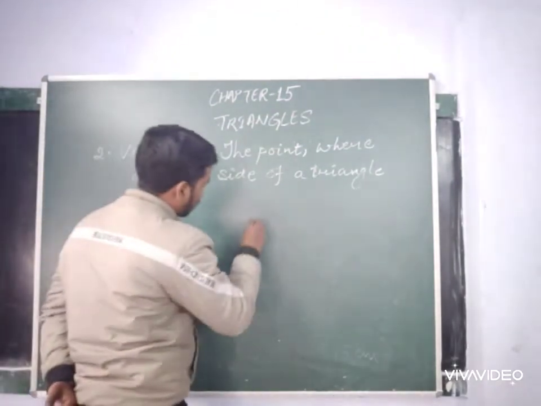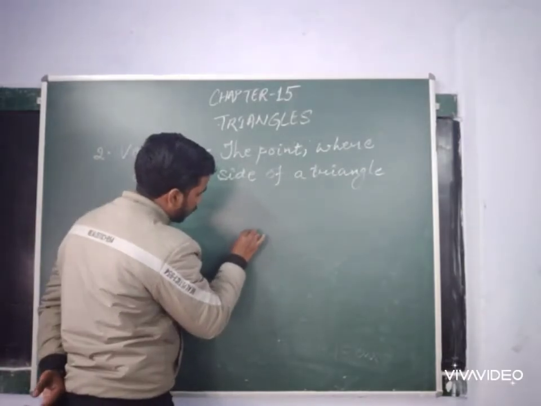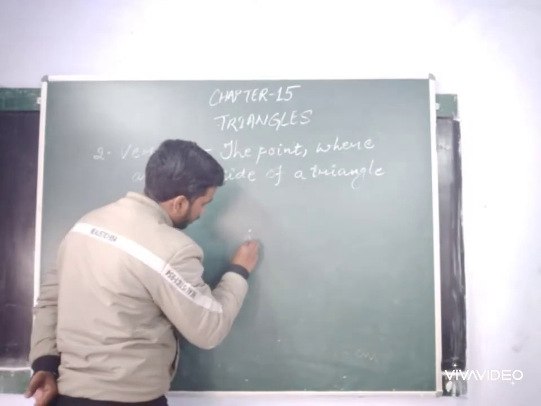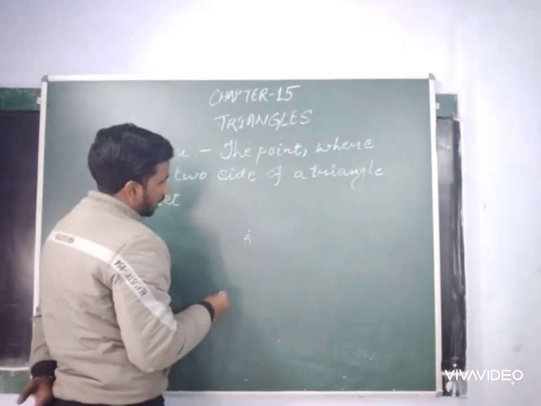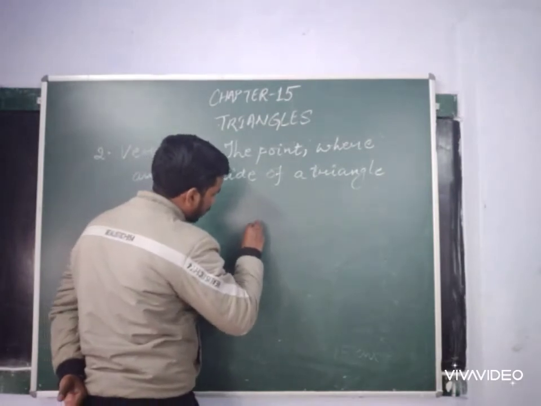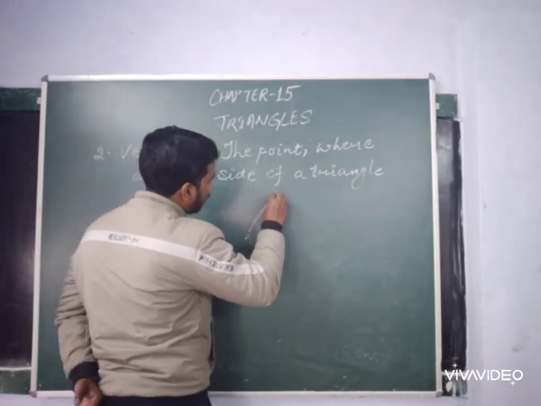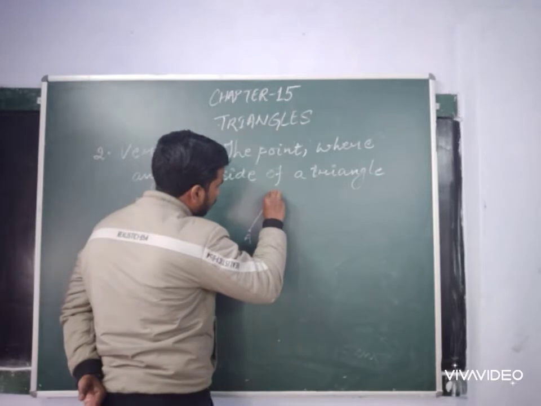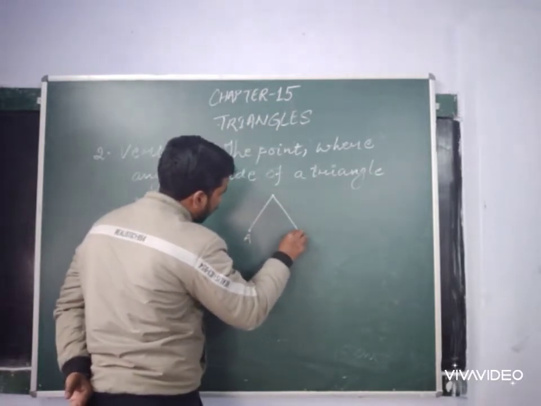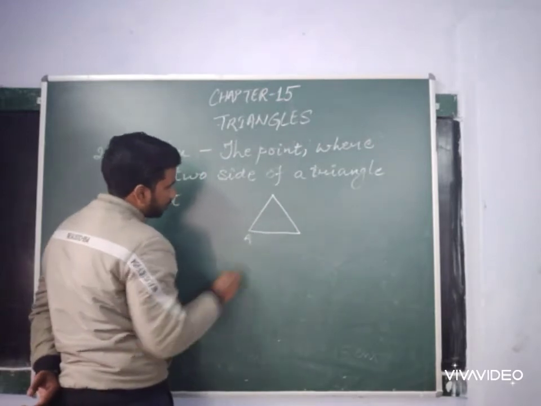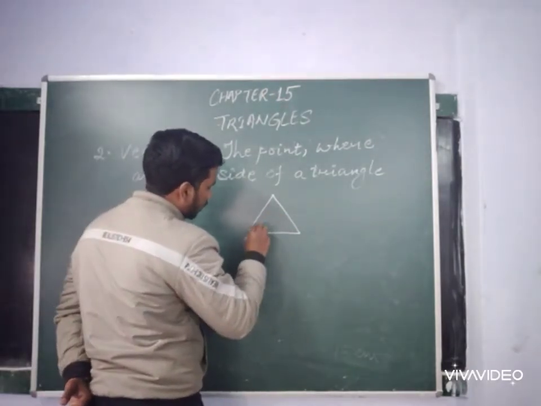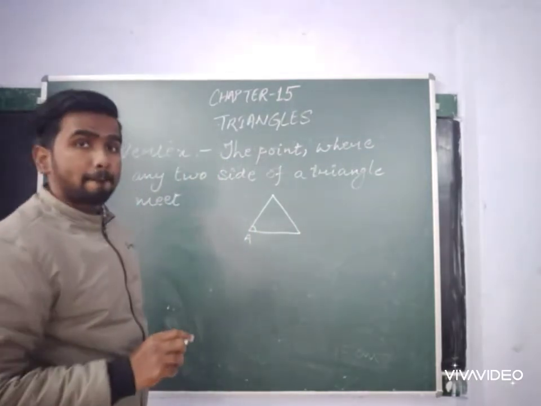Suppose this is the point and the point name is A. And we know that a triangle has 3 points. The second is this, then the third is this, and the sides are meeting at this point. So for this, A is your vertex. Clear?